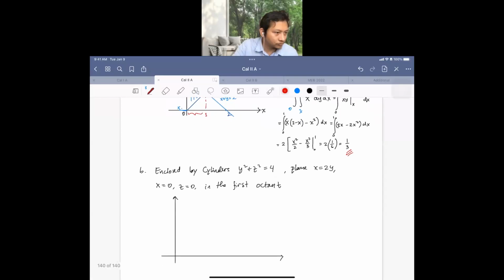It has a cylinder, this one, and it has a plane x equal to y. So it should go through probably here. I think this is x equal to y.